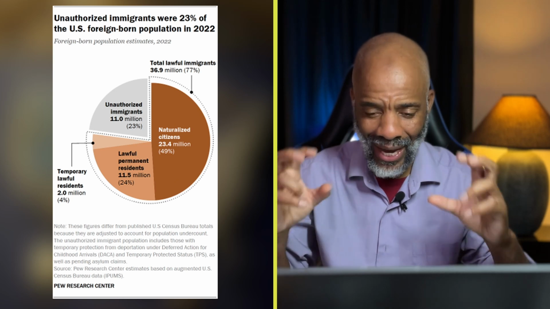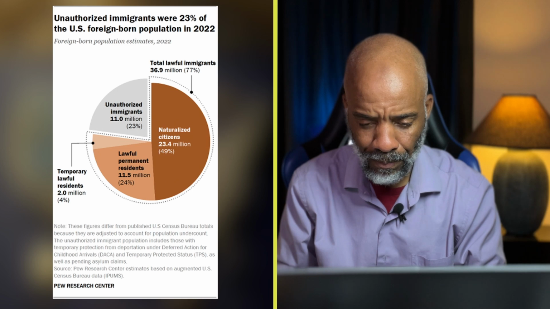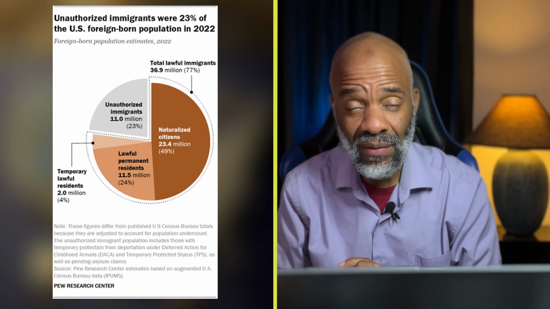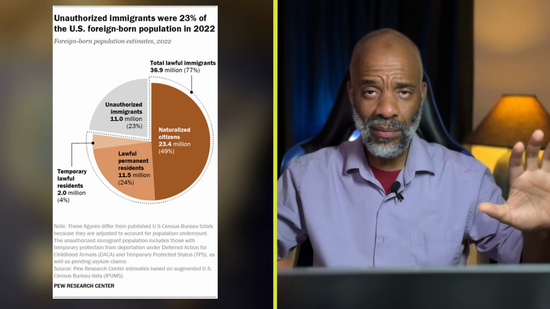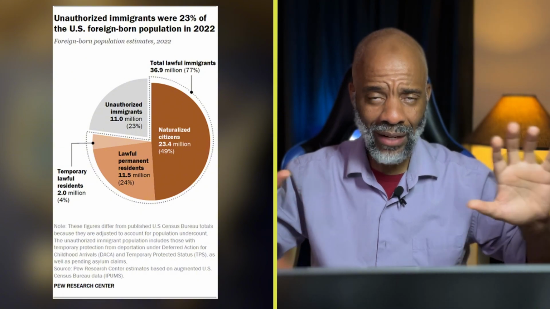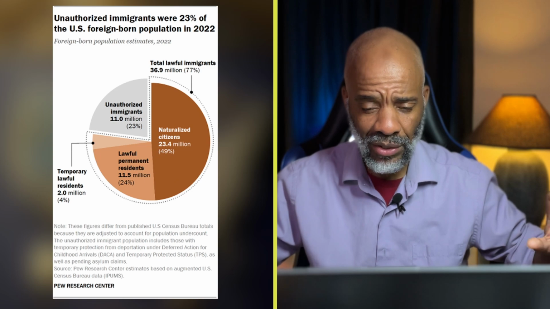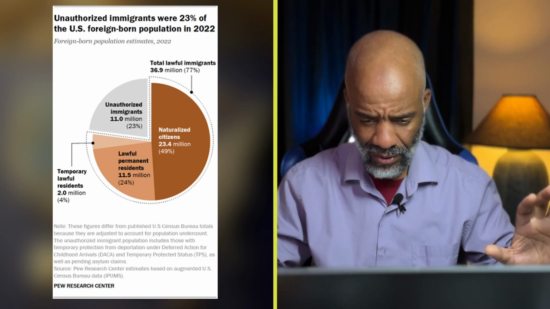So they have this temporary protective status. As you can see, there's about 11 million unauthorized immigrants, and remember we saw the figure in the beginning of 46 million. So out of that 46 million, 11 million of them, which is about 23%, 1 in 4 immigrants, are unauthorized.